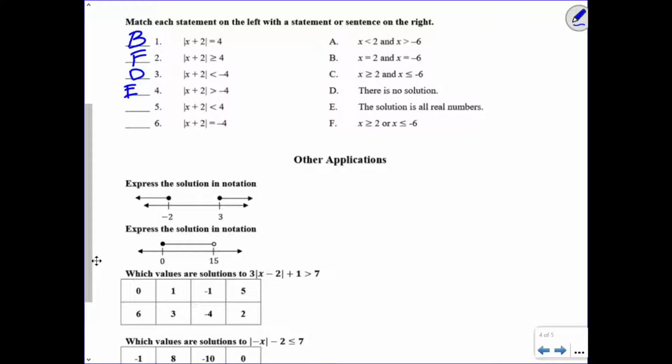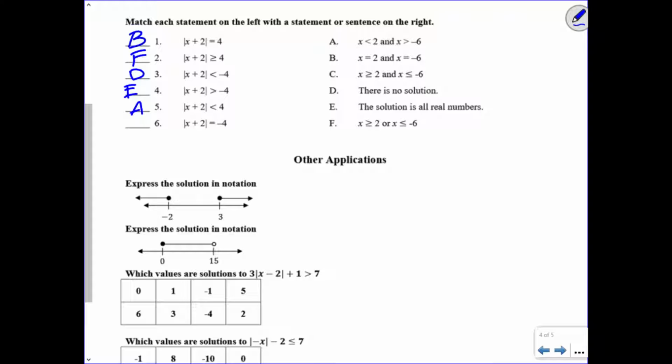What about this one, is less than 4? What word is associated with less than? And. So which one of these ands would work? Why not C? Yeah, because this has equality, and this one doesn't. Okay. This one would be A. And this one says absolute value is equal to negative 4.